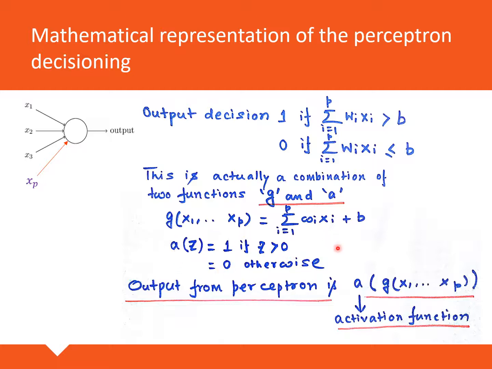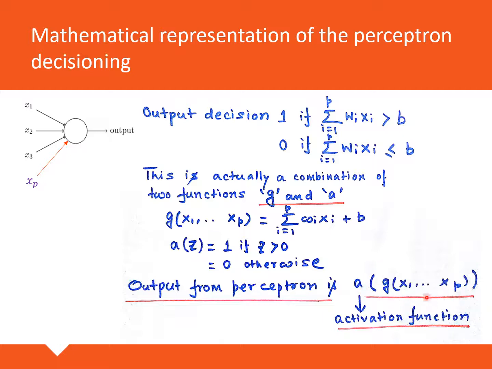So we can define a function a like this, which outputs 1 if its argument is positive and outputs 0 otherwise. Combining g and a, you will see that the output decision from the perceptron is actually a composite function. So it's a of g of x1, x2, xp.